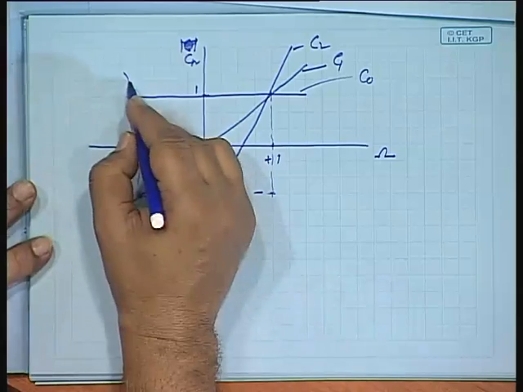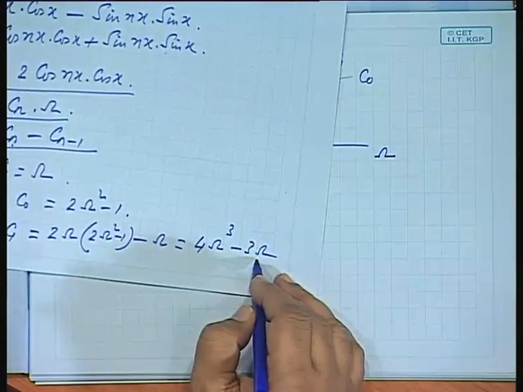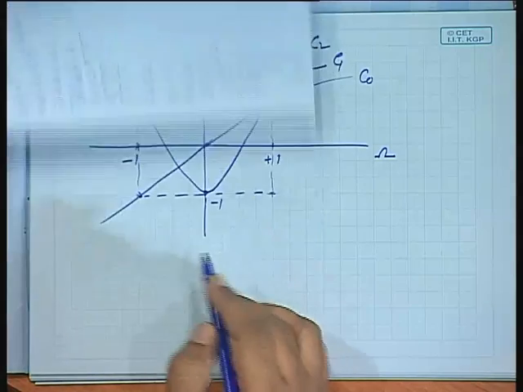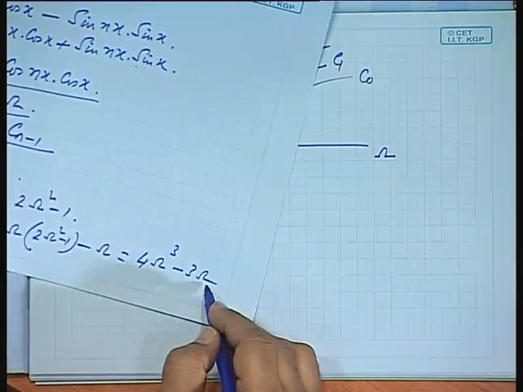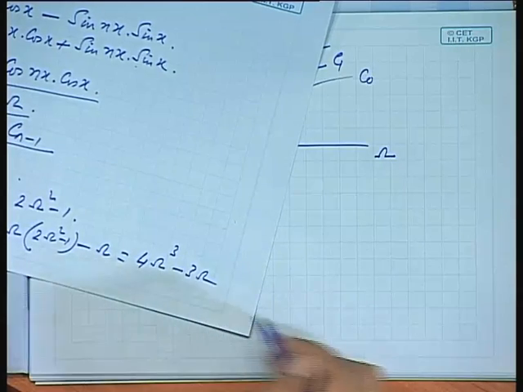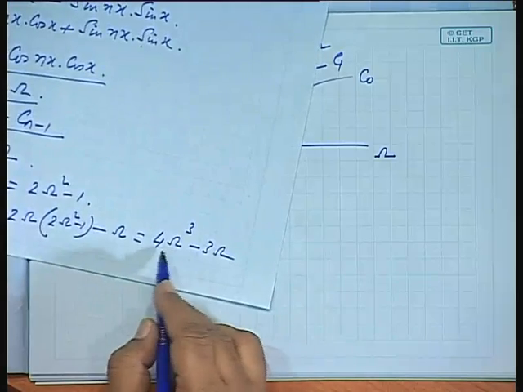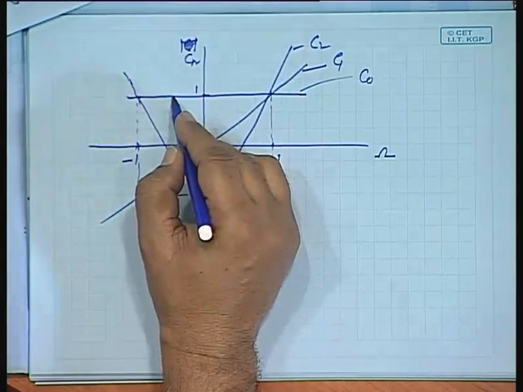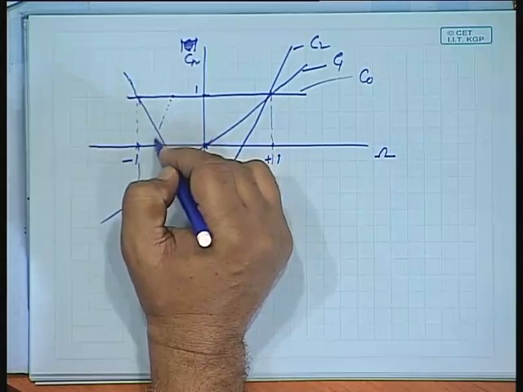C3, again 4 omega cubed minus 3 omega. When omega is minus 1, this is minus 1, it starts from here. Then when omega equal to 0, it is 0. So, it passes through this. Somewhere in between, it goes to positive plus 1. You can find out at what value of omega it goes to plus 1.